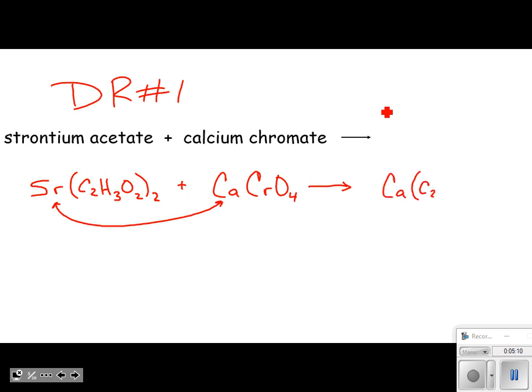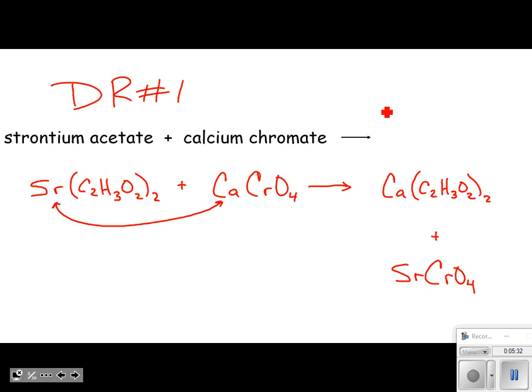It's going to give me calcium acetate, and I'm just going to go below because I ran out of room. And it's going to give me strontium chromate.